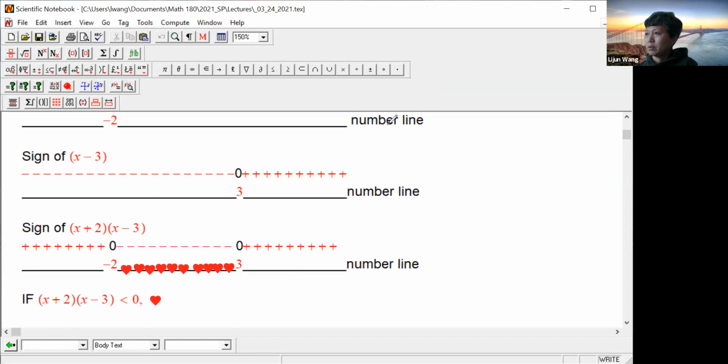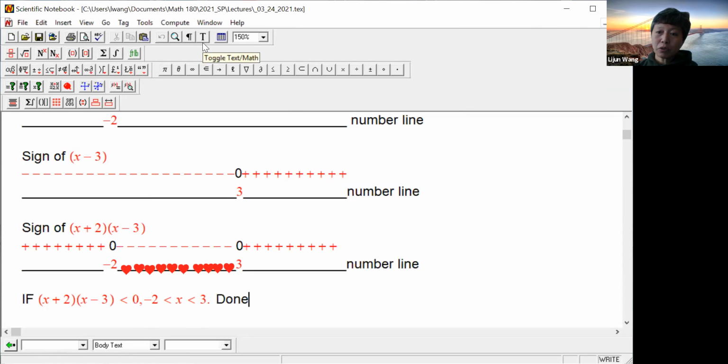Hold on, let me just remove that part. Okay, so if the product is negative, then x must be between these two numbers. And we are done.